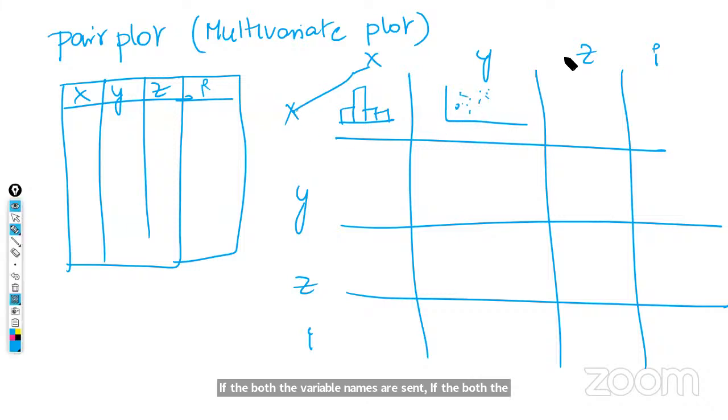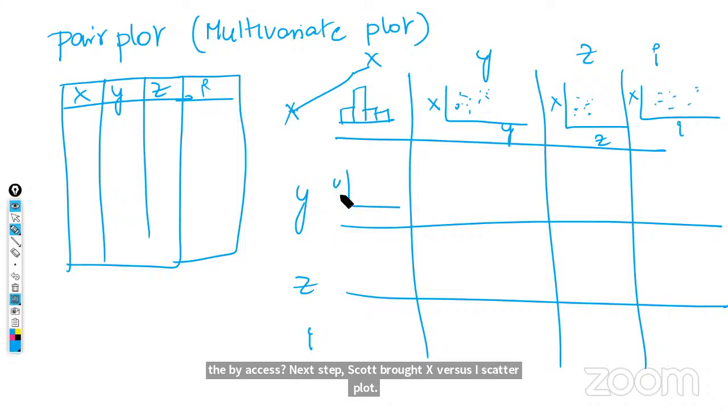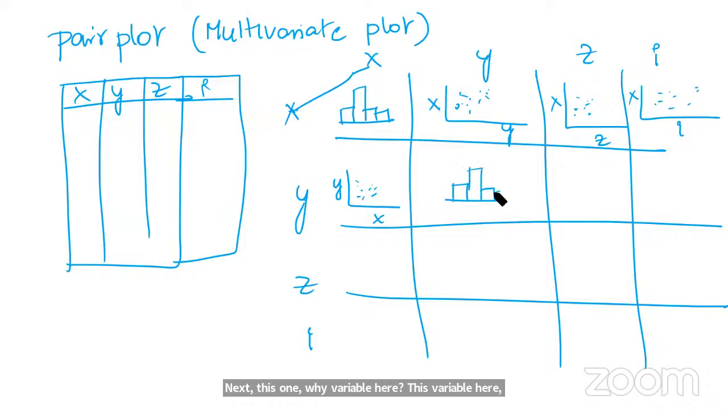So now here, x and y: y will be considered on the x-axis, and whatever you have on this side will be considered on the y-axis. Next, x versus z, scatter plot. X versus I, scatter plot. Next, y variable here, this variable here, scatter plot. This is y and y, both are y only, so histogram.